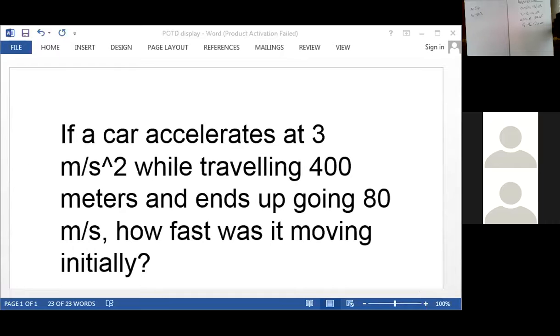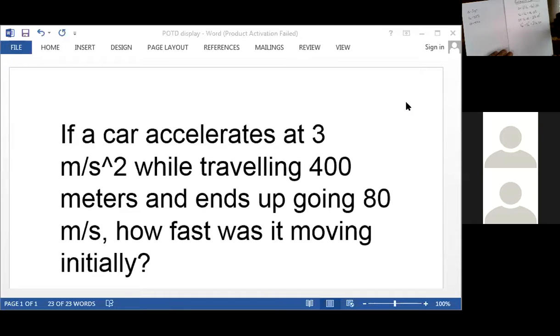What's the other thing that we know? We have the delta X, exactly, and that is 400 meters. Good. That's how far it goes, right? So there's our three givens. We have acceleration, final velocity, and delta X, the displacement.